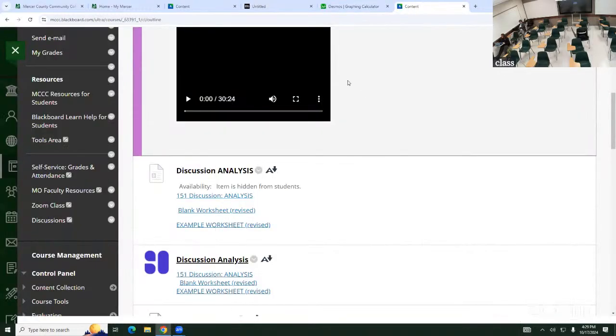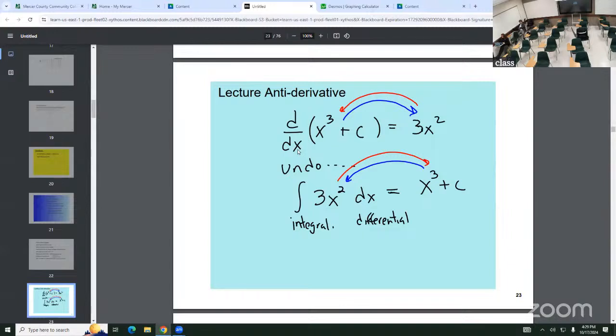And what does it mean? It means I'm undoing something. So if I want to undo 3x squared, I put 3x squared in as the argument of the integral. So it's the integral of 3x squared dx. That equals x cubed plus c, a constant. The derivative of a constant would be 0.